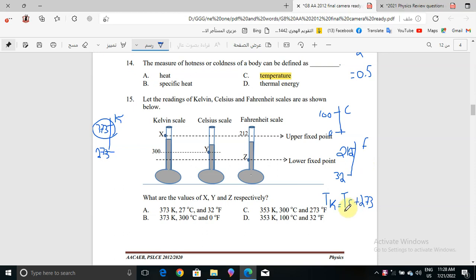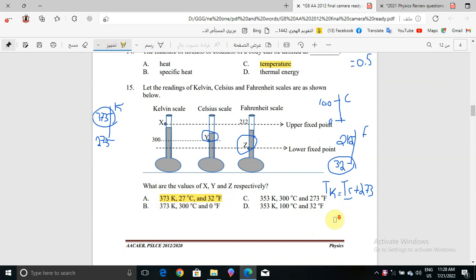Here is the temperature of Celsius plus 273. When you subtract them, you get 27 degrees Celsius for the temperature of Celsius. And we already have 32 degrees Fahrenheit for the lower fixed point. So the correct answer for question number 15 will be choice A.